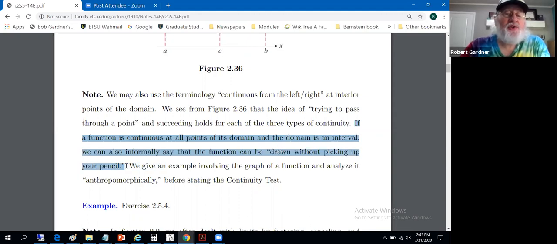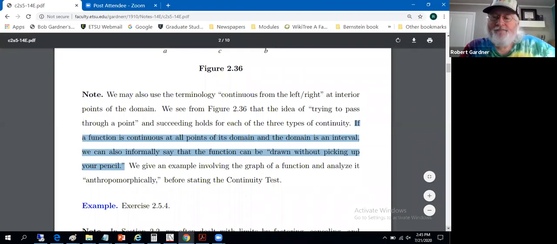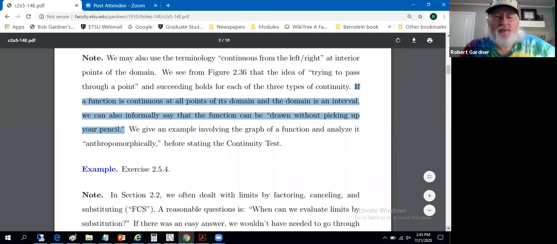If the domain is choppier, and it won't be in a calculus class, it might be in some higher level classes, but as long as the domain is an interval or union of intervals, I'm okay with this idea of can be drawn without picking up your pencil. And that's no worse than having it trying to pass through points. And it's legitimate in the setting of domains that are intervals. It's not legitimate in some other places.